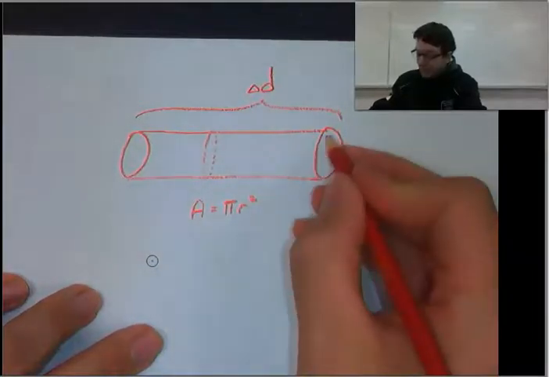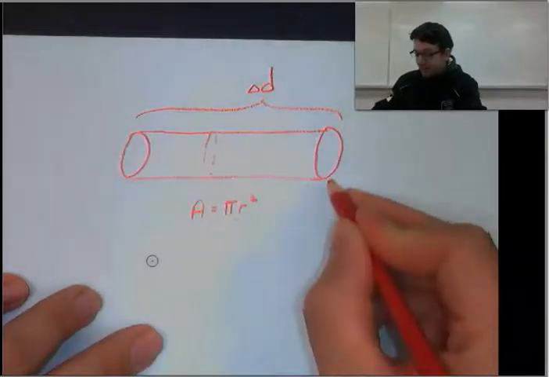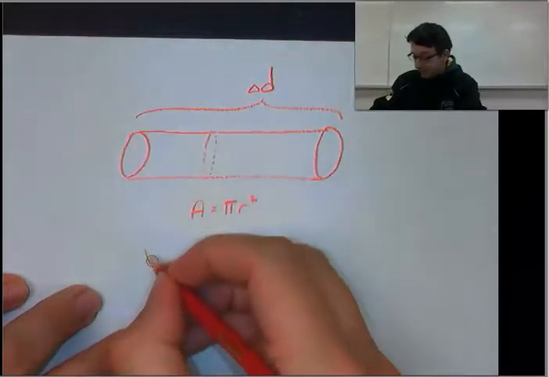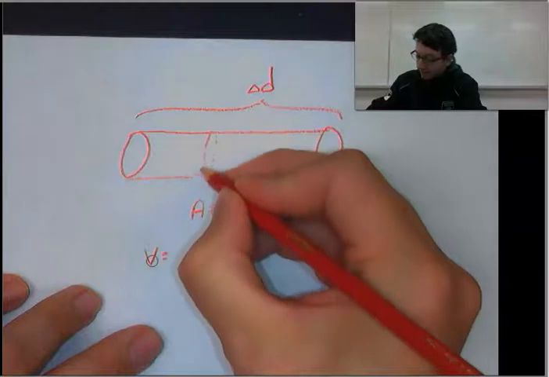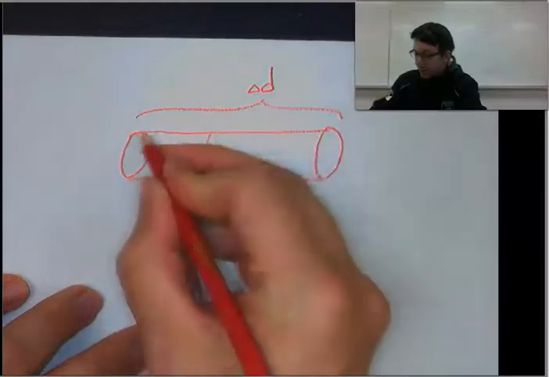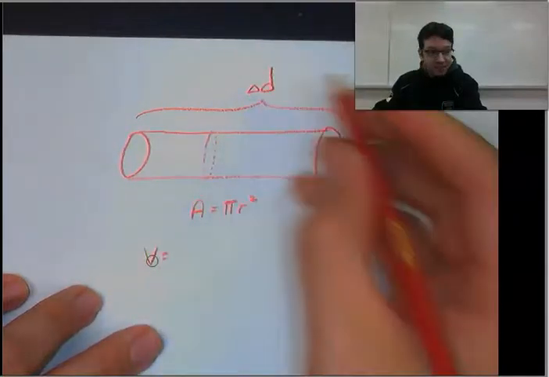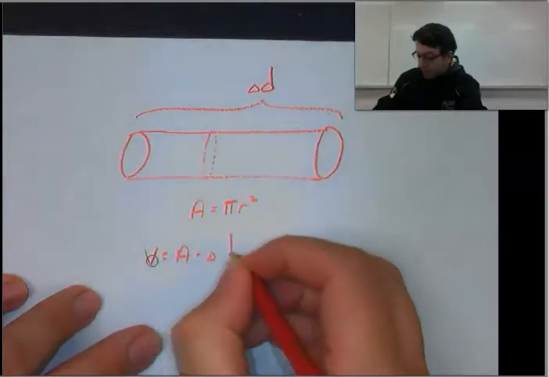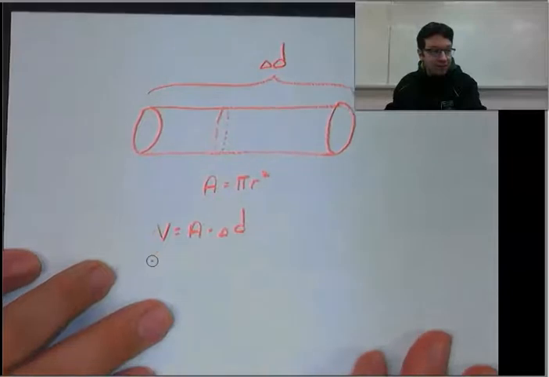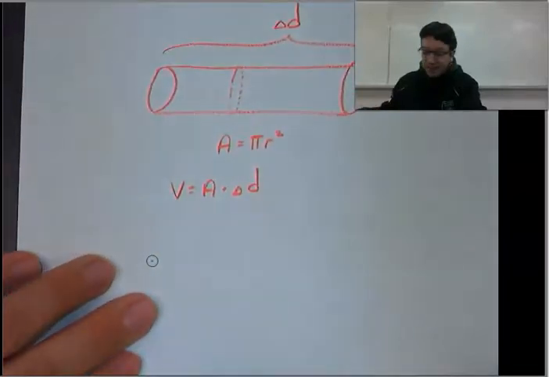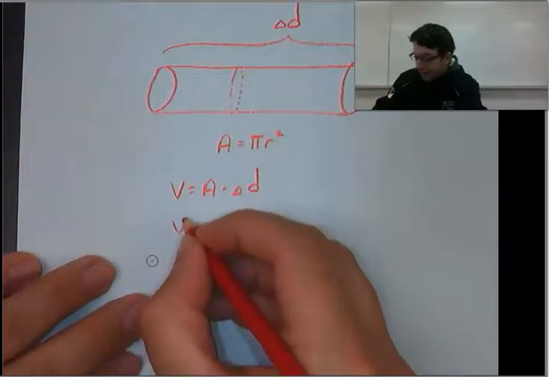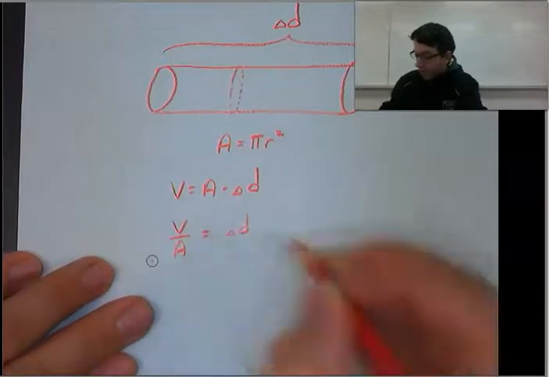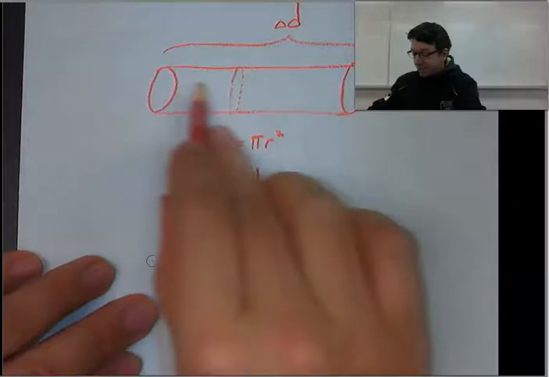You could label the entire volume as this area multiplied by the whole length, which we called the displacement. So volume equals area times displacement. If I rearrange that and divide both sides by area, you get volume over area equals our displacement, or the distance down the pipe.